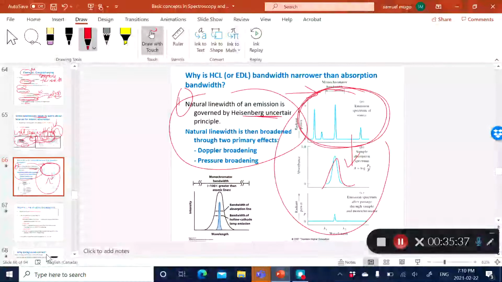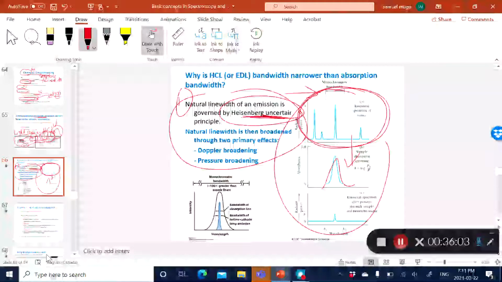And because you're dealing with high temperature environments, essentially you're going to get excitation of your atoms and so on. So the Heisenberg uncertainty principle is one factor that impacts the line source and causes band broadening.